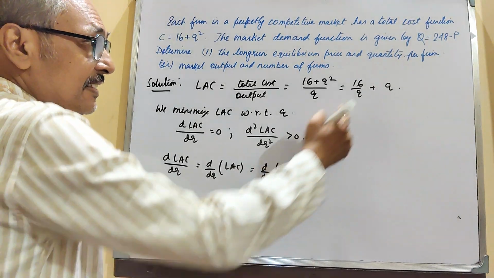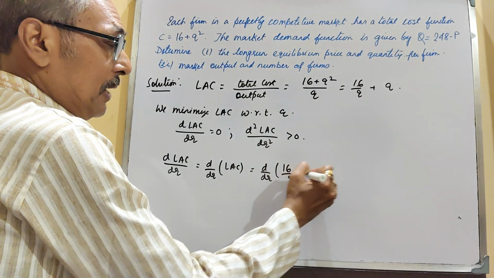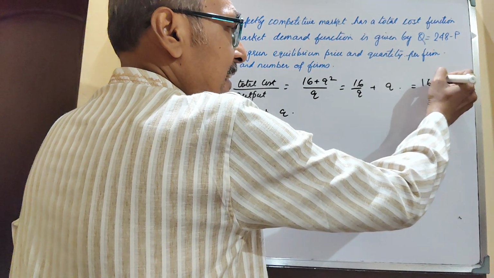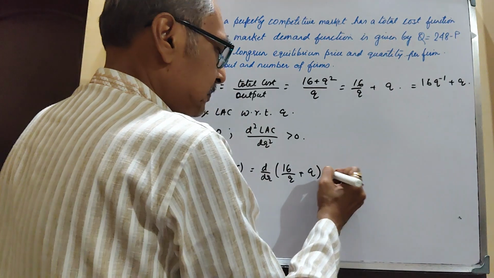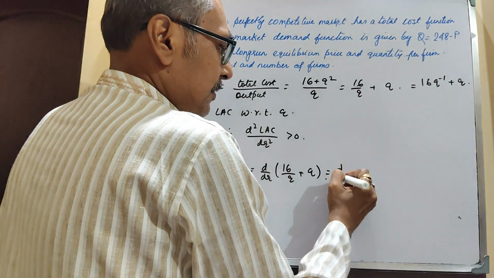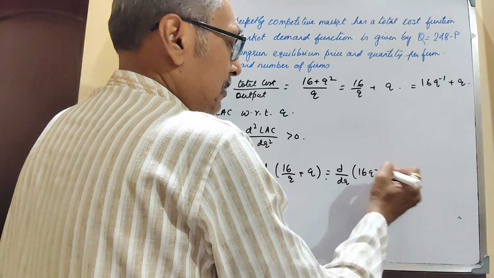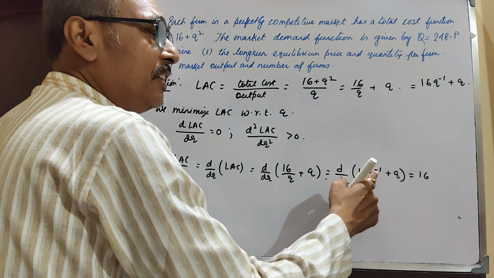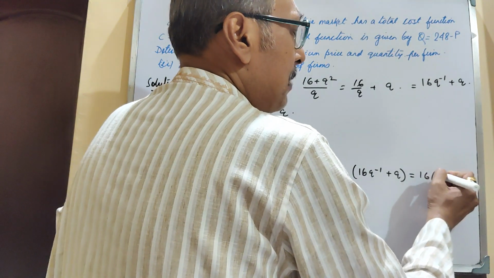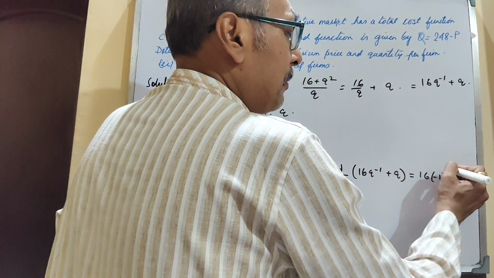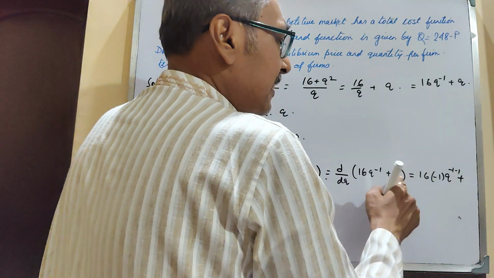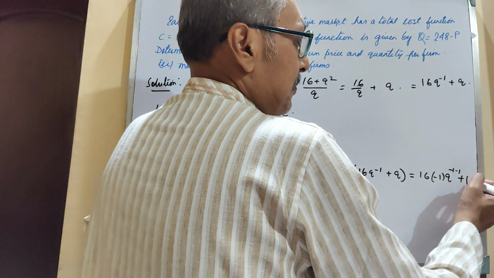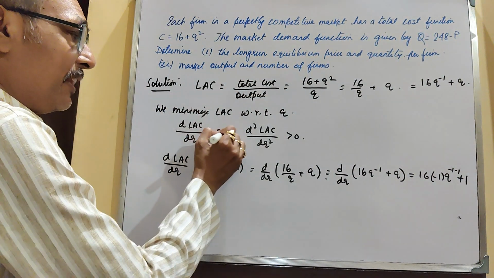LAC here is 16 by q plus q, which can be written as 16 q to the power minus 1 plus q. 16 is constant. We differentiate q to the power minus 1: minus comes here and then q to the power minus 1 minus 1. Differentiating q with respect to q, we get 1. And we equate this with 0.